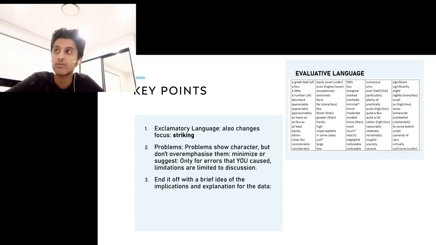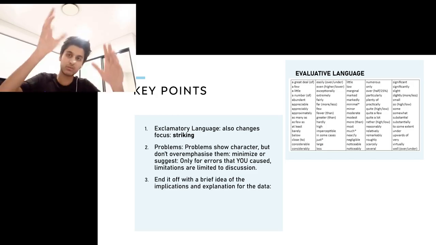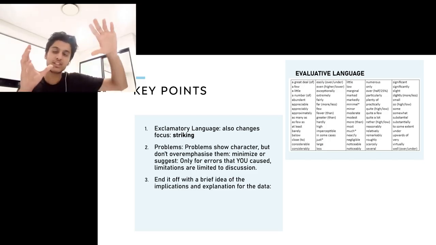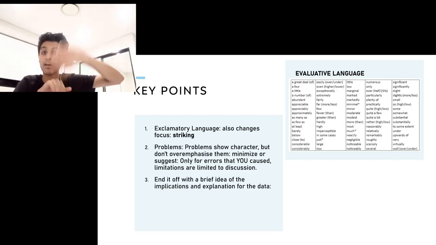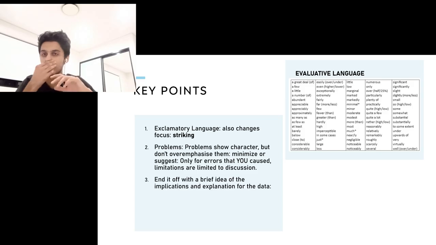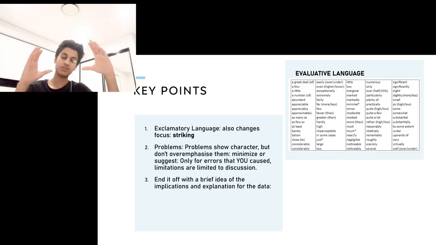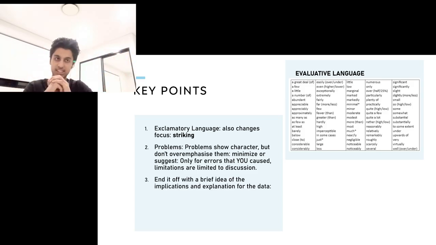Now, when you end off the results section, you want to end it off with a brief idea of the implications and explanation for the data. So you want to start creating that. If you check the flow diagram in the first video in the series, the key points video, what you'll see is that the results is very loosely touched to the discussion.